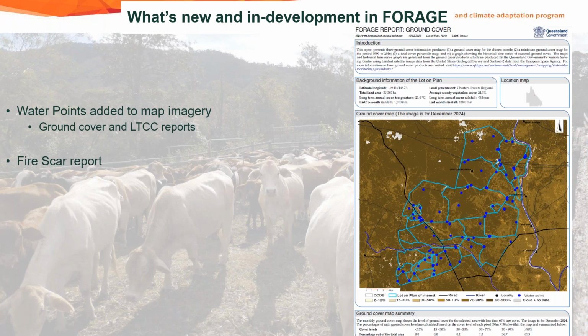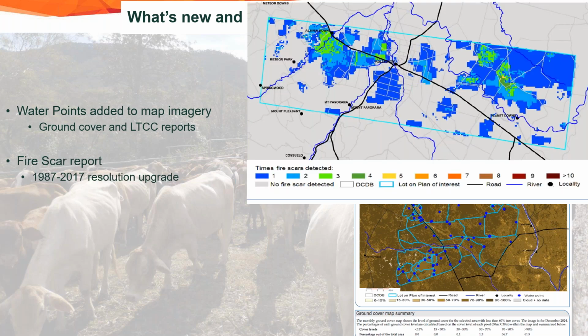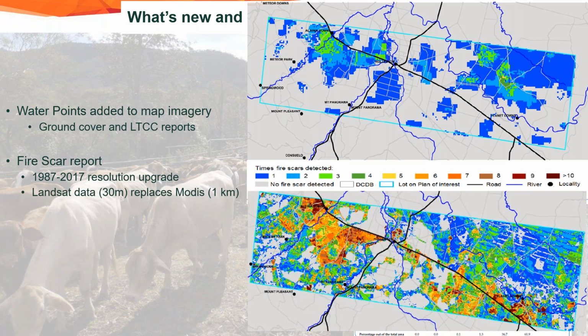In the fire scar report, we've gone back in history now, and we've changed from 1987 to 2017. We've changed that to go from MODIS, which is quite coarse, to Landsat data series, which is 30 meters. So if you look at the image in the top there, a location around Ralston, a lot of patches there of the frequency of fire across a number of years.